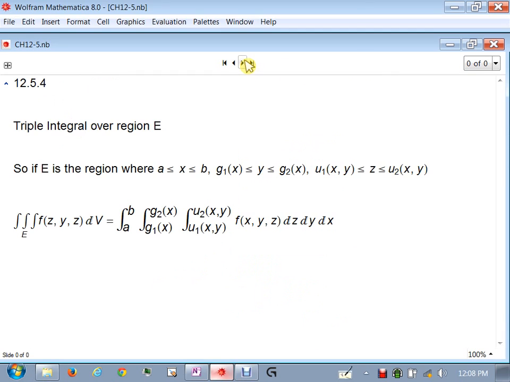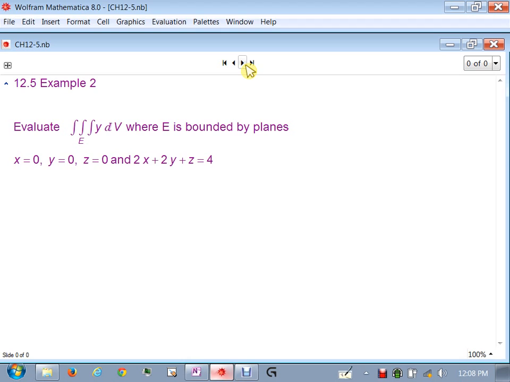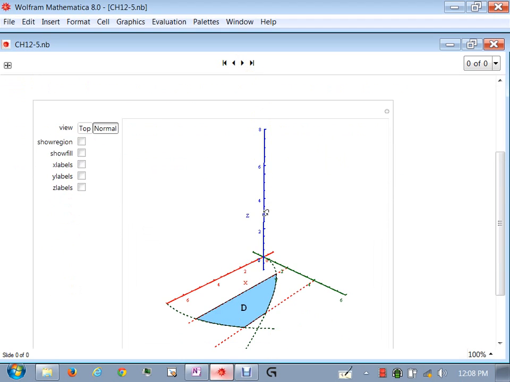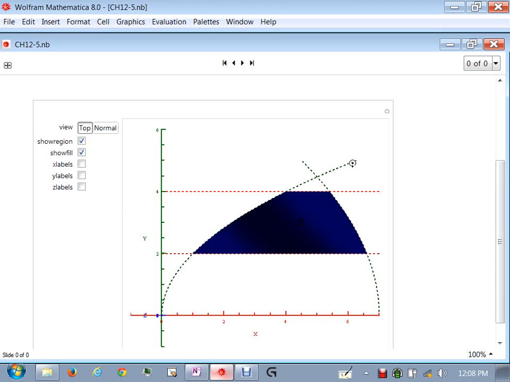Okay, so now what if you take a solid and you cast the shadow down, and this time, when you cast your shadow, your region looks like that. Now you're a type 2 region, right?